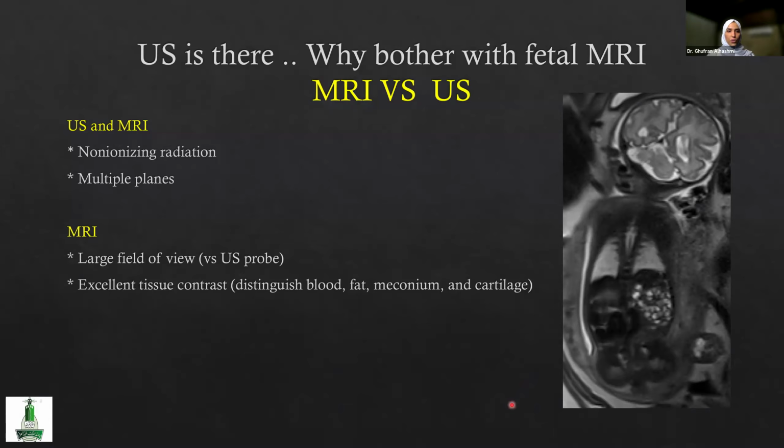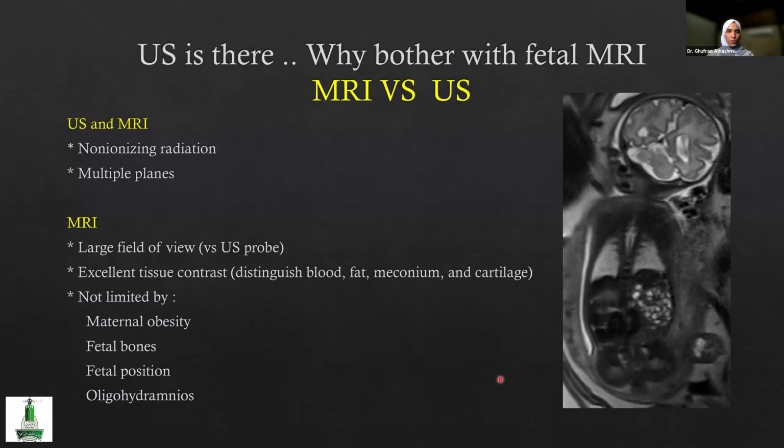MRI also has excellent tissue contrast, which can enable distinguishing blood, fat, meconium, and cartilage. Also, MRI is not limited by maternal obesity, by fetal bones or fetal position, and is less limited by oligohydramnios compared to ultrasound.